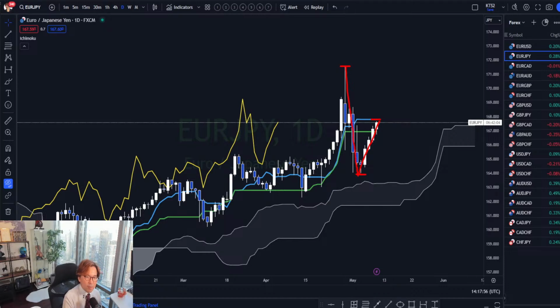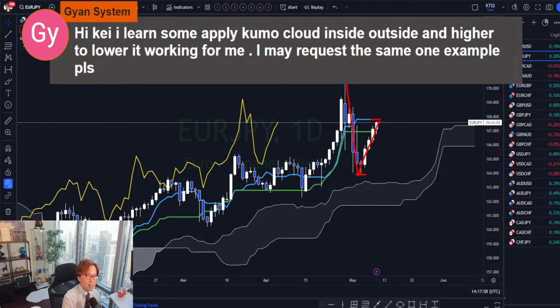Okay, let me check some comments. Gyan says, hi Kei, I learned to apply Kumo cloud inside, outside, and higher to lower. It's working for me. I may request the same one example, please. Okay. So yeah, if it's working, that's great. Inside and outside breakout patterns with the Kumo, I think it's nice.